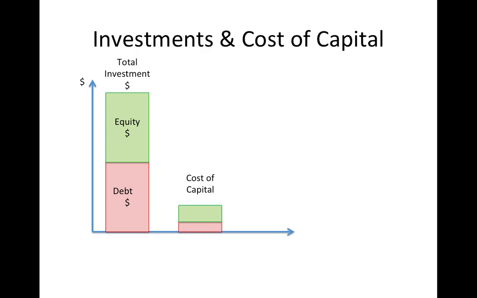So a simple way to think about this: imagine that here's the total investment you want. Let's just say it's $1 million, and you go get half of it from equity and half of it from debt. So you've got $1 million of total investment that you're going to put into doing something, right? And now you've got to turn that into its cost. And so, on the debt side, maybe the debt costs you 10% or 15% of its value.